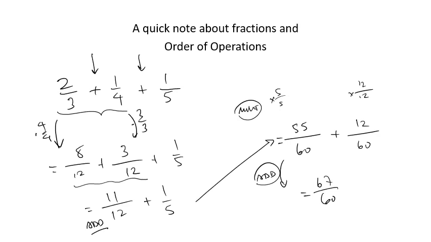So we can do that at any time, and it doesn't alter our order of operations. We don't need to do all the multiplication first, get a denominator of 60, and then do all the addition next. That multiplication of equivalent fractions is a separate thing. It's not an operation designated within the expression, so we can do it whenever we want.